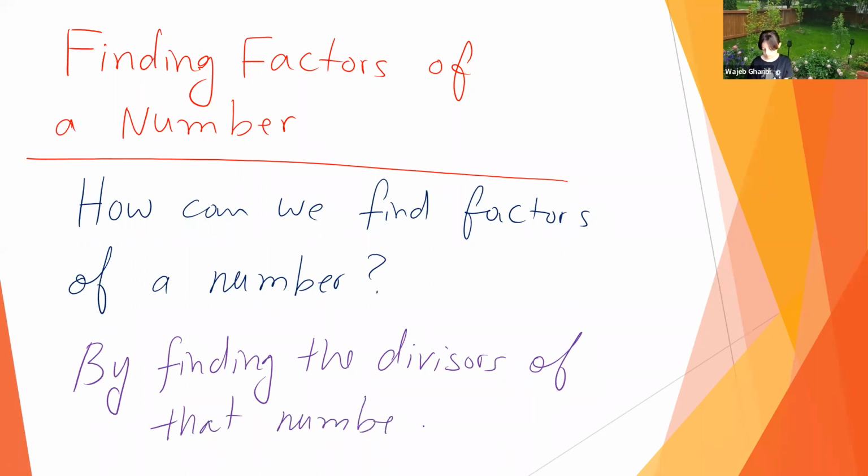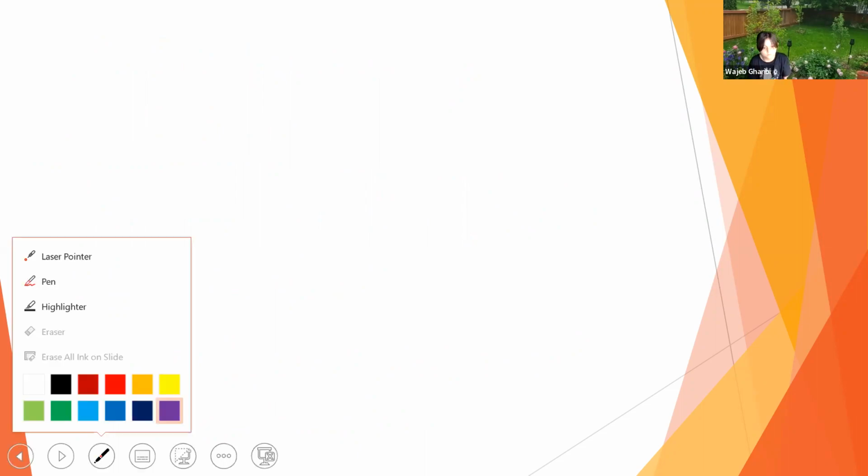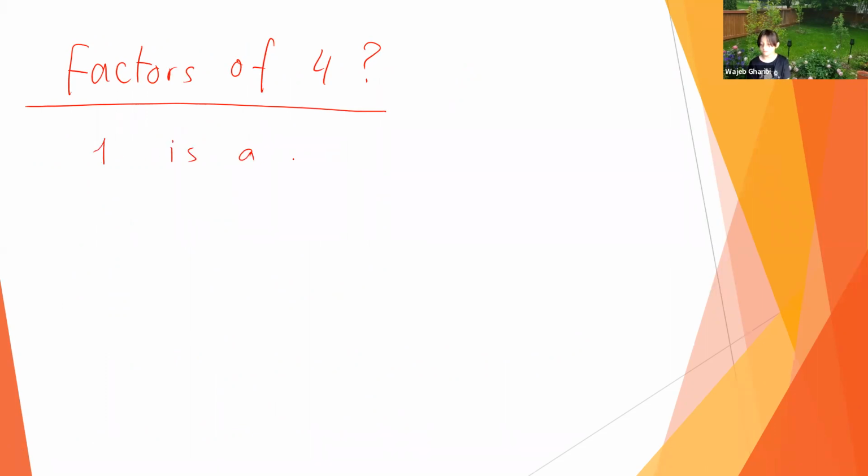Let us have some example. Factors of 4, for example. How to find factors of 4? We have to find the divisors of 4. Is 1 a divisor of 4? Yes.